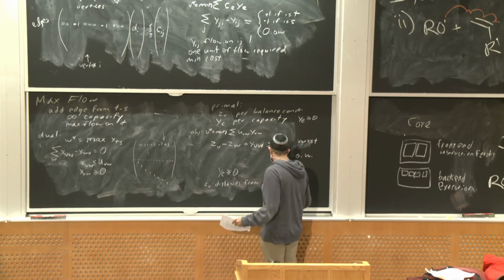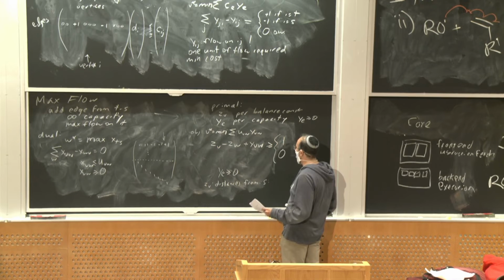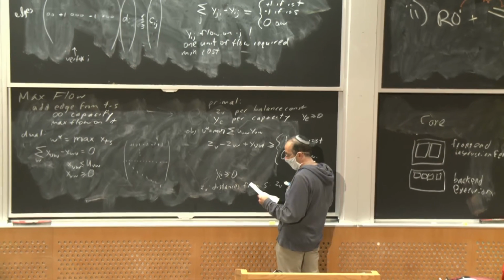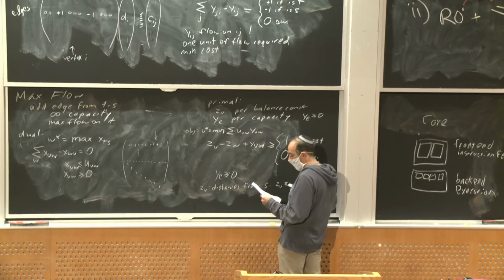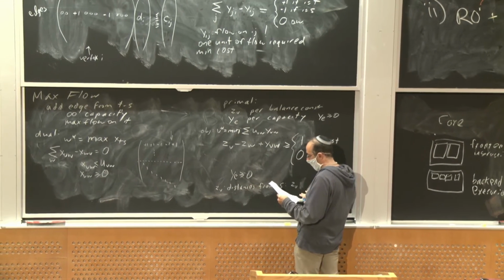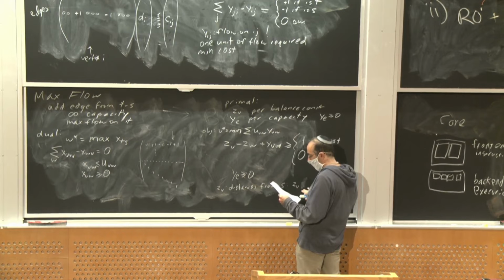And we might want to rewrite this to say that ZV is less than or equal to, let's see, did I want to put this in the, sorry, hang on one second.